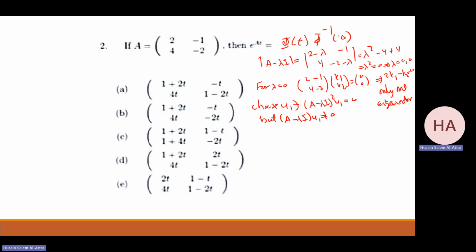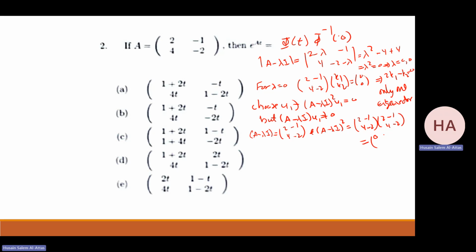Okay, how to do that? I notice A minus lambda I is this, and A minus lambda I square, that will be 0, 0, using Cayley-Hamilton. It's okay, I can do the calculation.